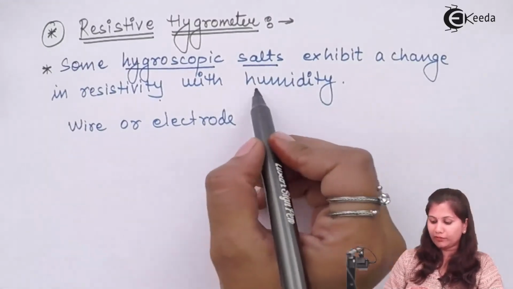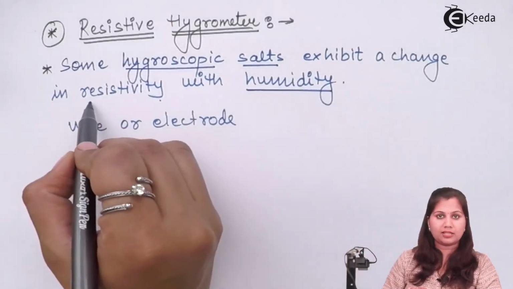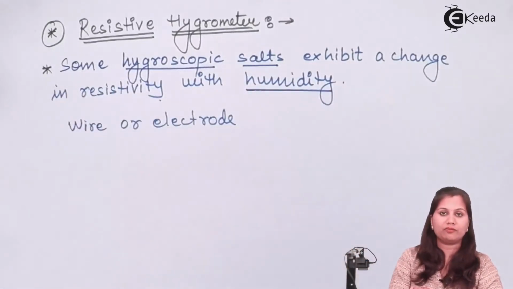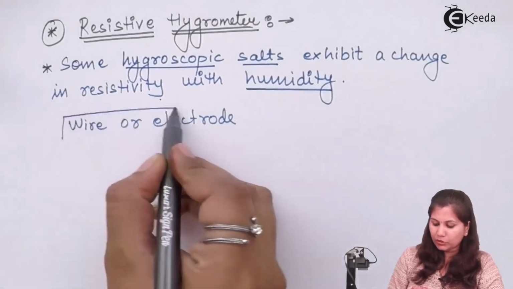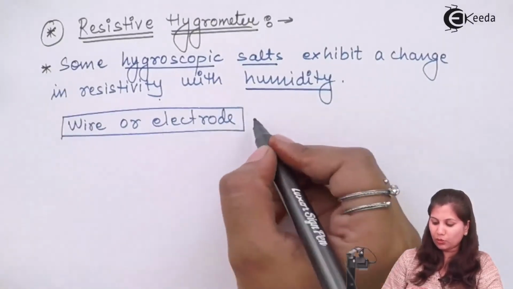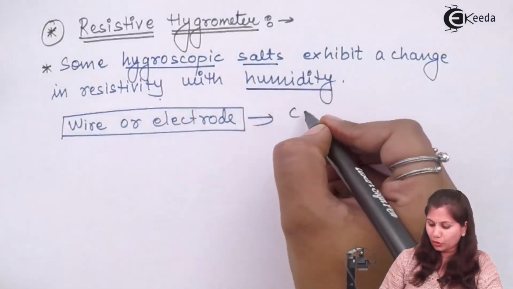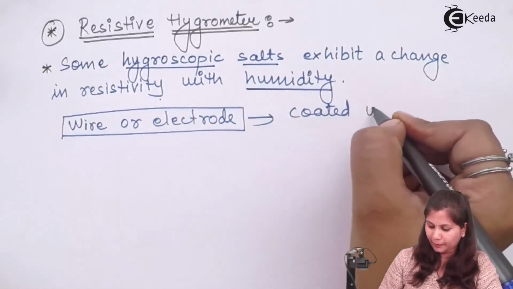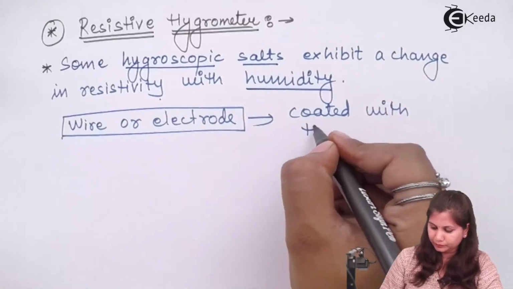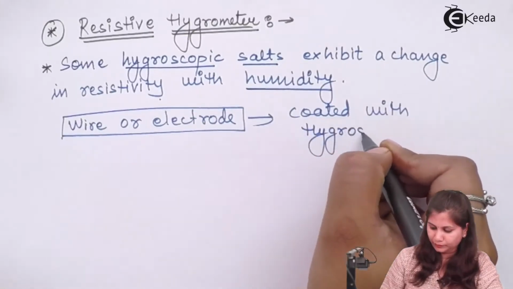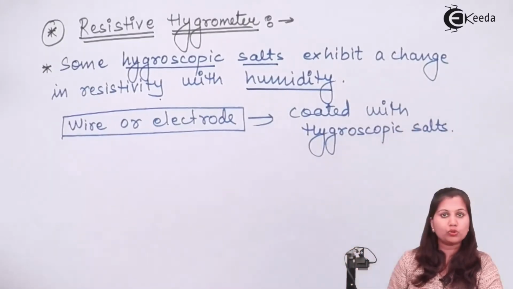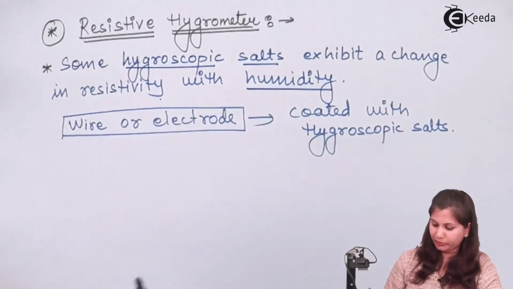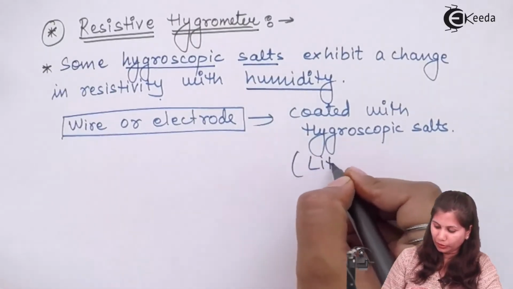Because with the change in humidity, resistance changes, and the change in resistance can be measured with the help of an electrical method like the Wheatstone bridge. So a wire or electrode is used and it is coated with the hygroscopic salt. An example of such a hygroscopic salt whose resistivity changes with the change in humidity is lithium chloride.